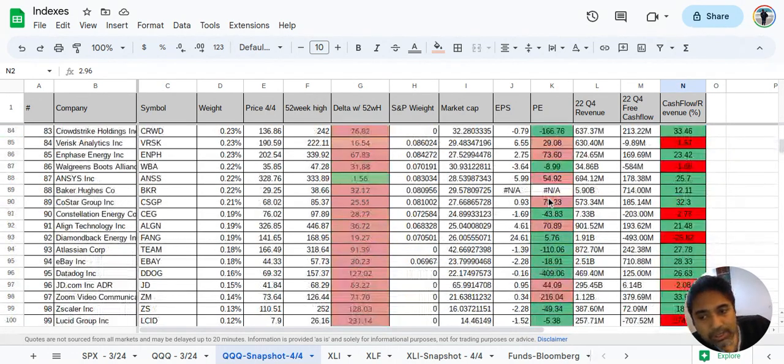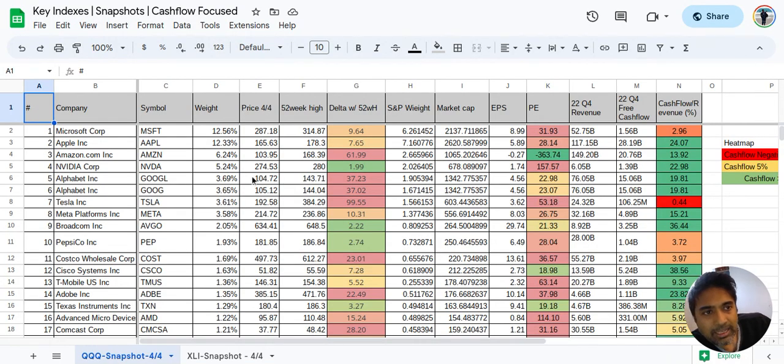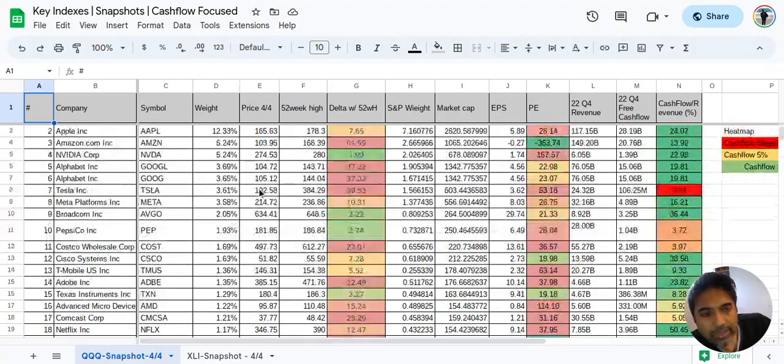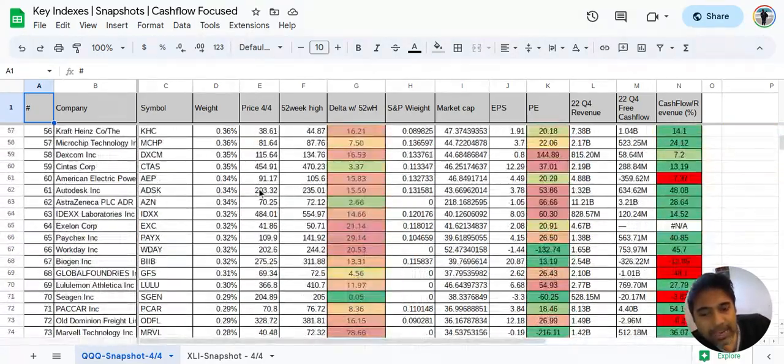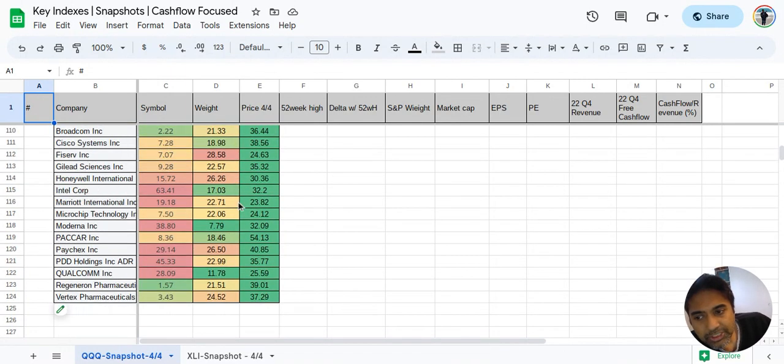And that's what I came up with this table. So if I go back and show you, this is the snapshot of that particular table, and I found that if I filter the cash flow at least 20%, I believe it was 20%. Let me just check what filter I used here.